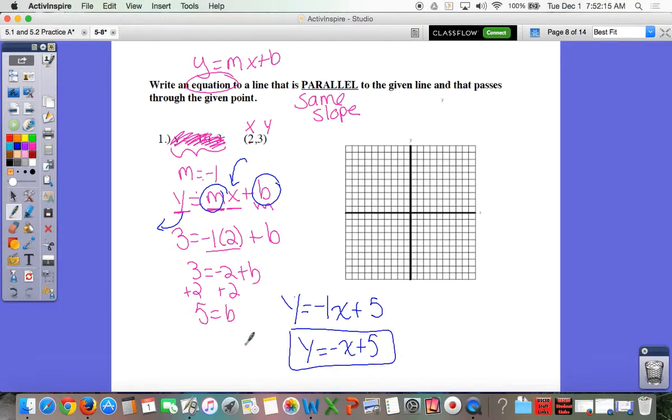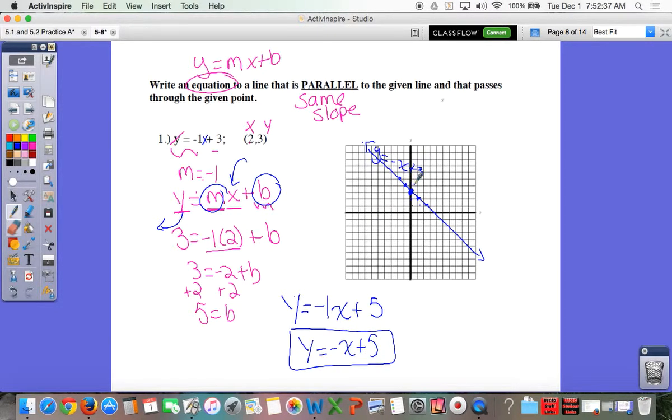If you wanted to, you could go ahead and graph these two lines and see that they are parallel and not the same line. So you could graph your 1, 2, 3, down one, right one, down one, right one, up one, left one, up one, left one. And this line right here was y equals negative x plus 3. And then this one was positive 5.